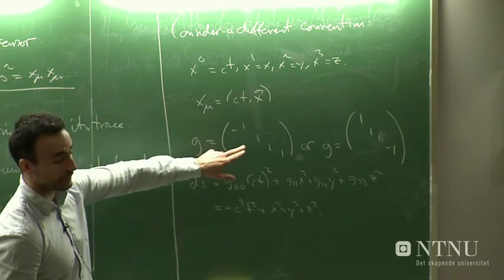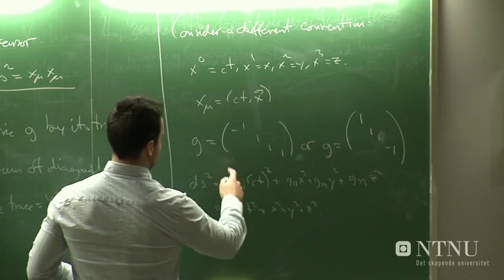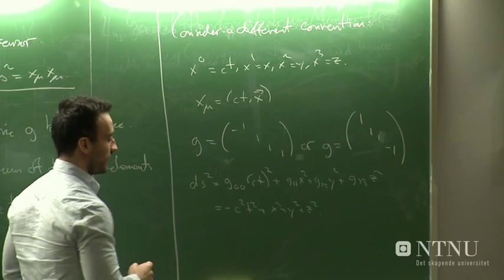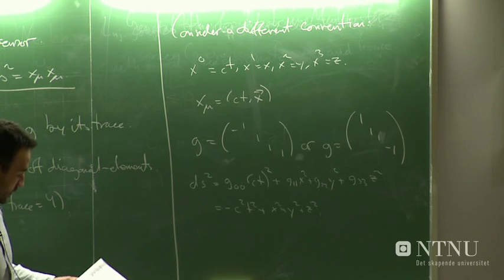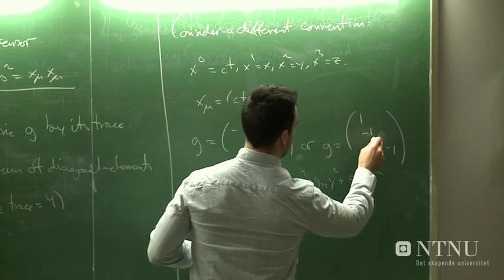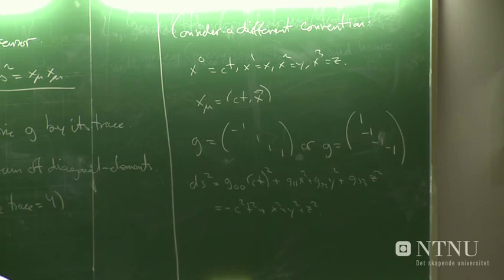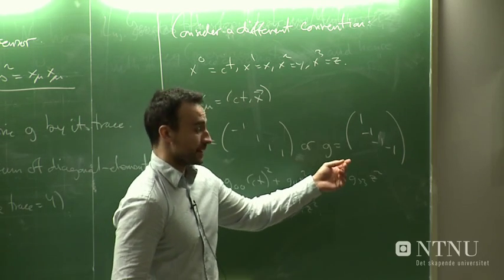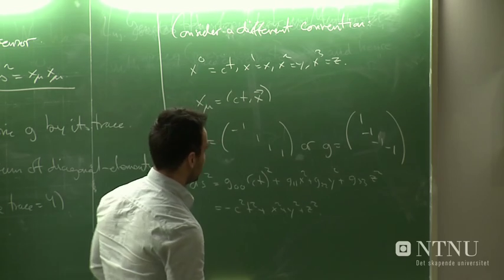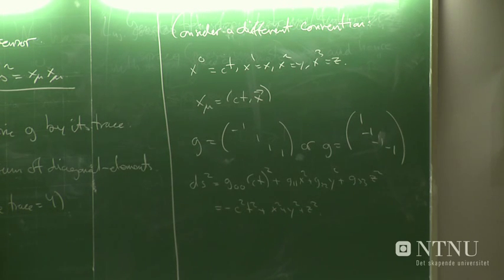So we see then that the classification of these two metrics are different. This one has trace 2. Sorry, overall minus sign. Should be like that. And the trace here is minus 2. So for a given 4 vector, there are at least 2 possible choices for the metric.